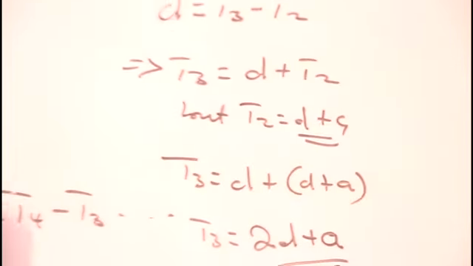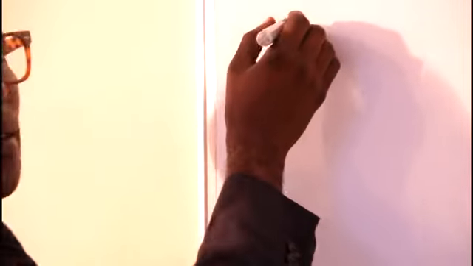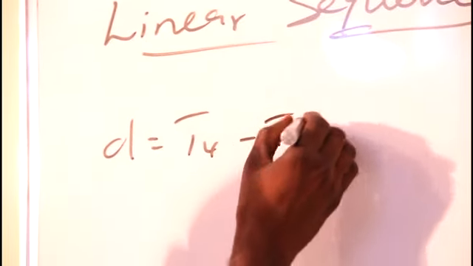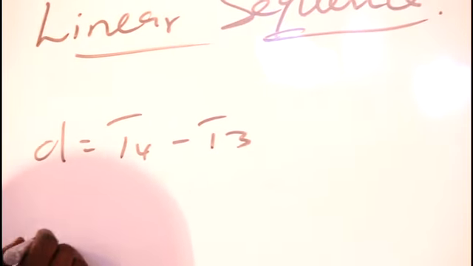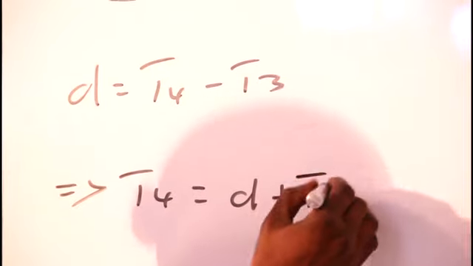Let me proceed. If we want to find T4, we can relate d with T4 minus T3. We'll have d equal to T4 minus T3. If we're looking for T4, it implies that T4 will be equal to d plus T3.